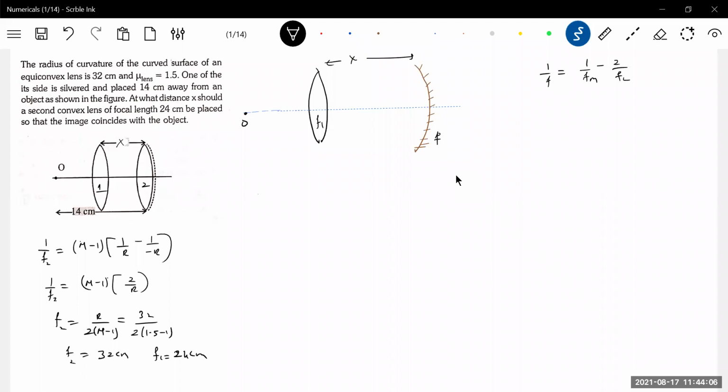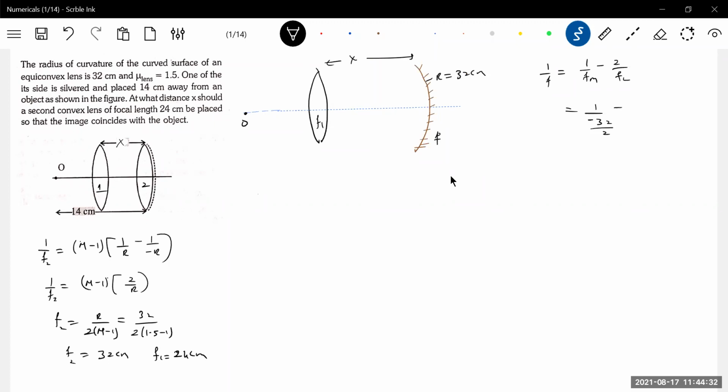What is the radius of curvature, and at what distance x should it be placed? Now we know the radius of curvature of this is 32 centimeter. So this will be minus of 2 by the focal length of the lens, that is f2. f2 is how much? 32.